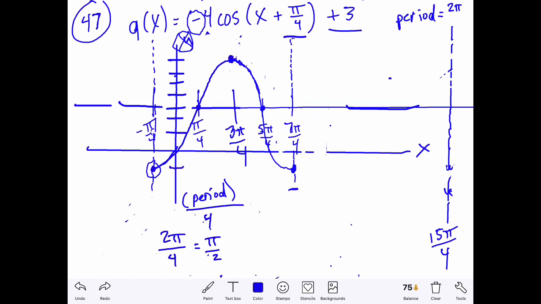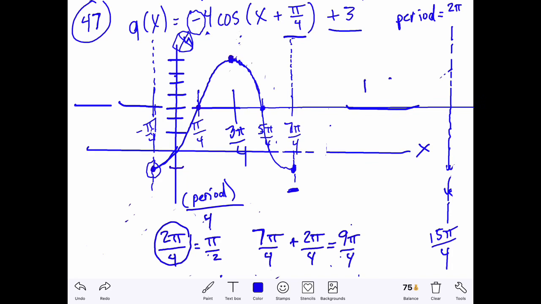So I'm going to add whatever that amount is to 7 pi fourths, because now this is where I'm starting my new period. And look, it's more helpful just to keep it in this original form because it already has fourths. 7 pi fourths plus 2 pi fourths is 9 pi fourths.